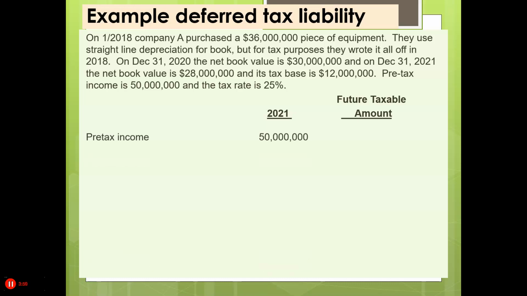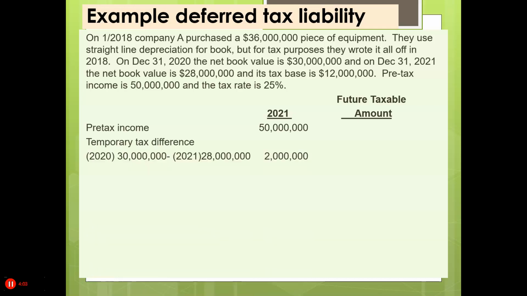So we start with our pre-tax income. Now, we have this temporary difference, and that's how much we wrote off for book purposes, and we have to add that back in because we've already written off 100% of this in 2018, so we can't take it twice. So we're going to add that back to net income.